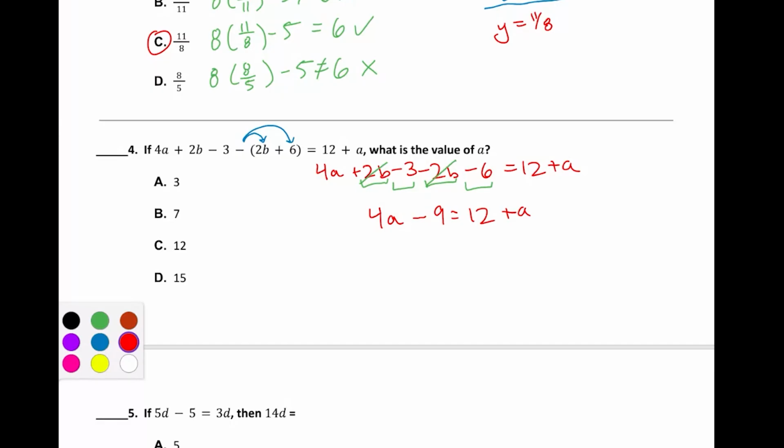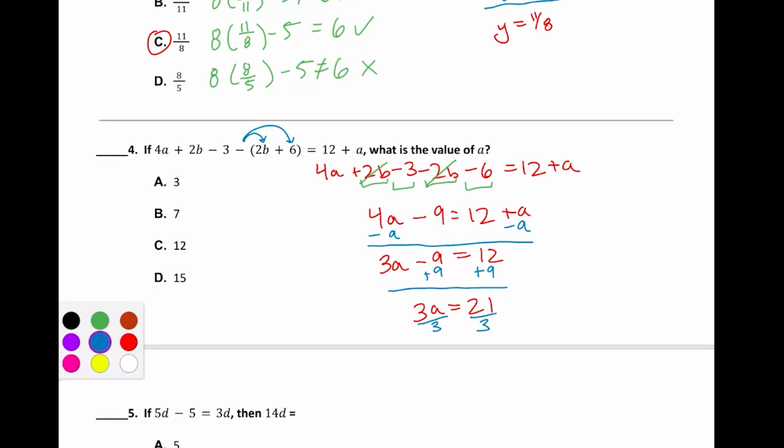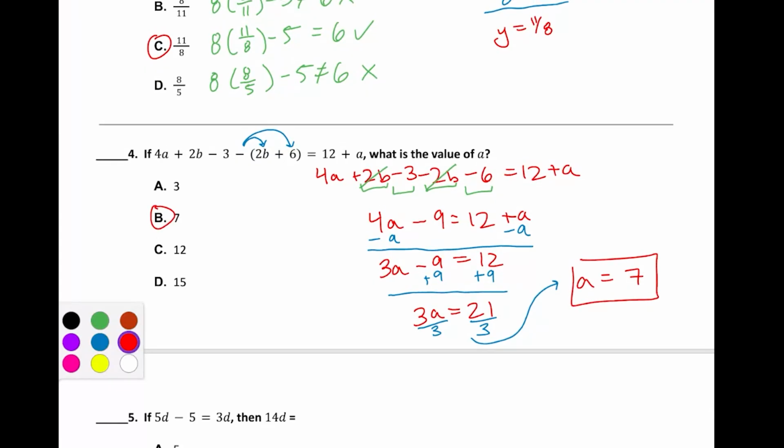Then to get all the variables on the left-hand side, I'm going to subtract a from both sides, giving me 3a minus 9 equals 12. Then I can add 9 to both sides. 3a equals 21. And then finally divide both sides by 3. So I get a equals 7. So our answer choice here will be B.